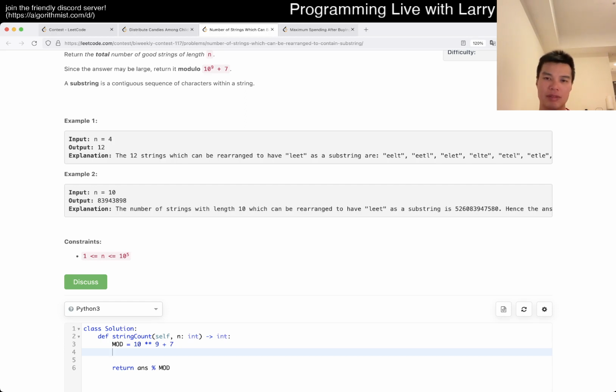Okay, so now we have these strings, and is it just 26 times whatever? Let's see. What is 26 to the 5th? Or to the 6th? Okay, fine.